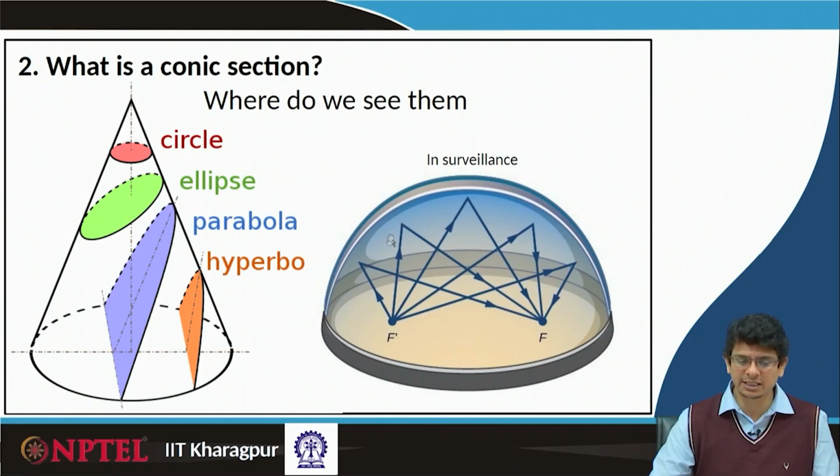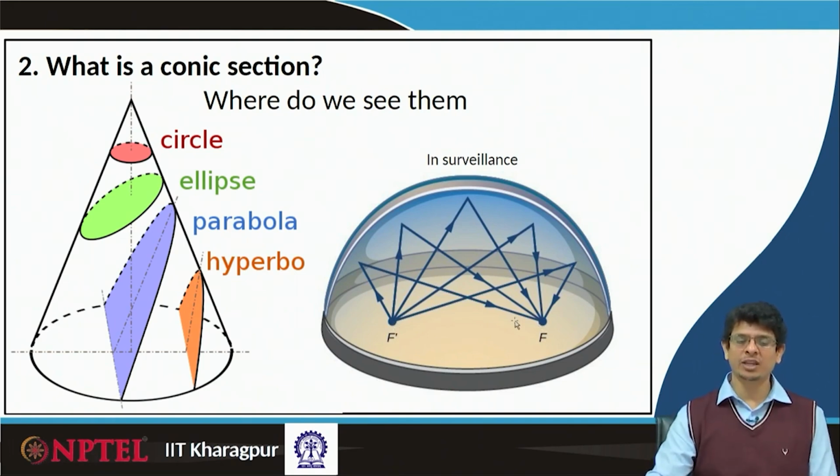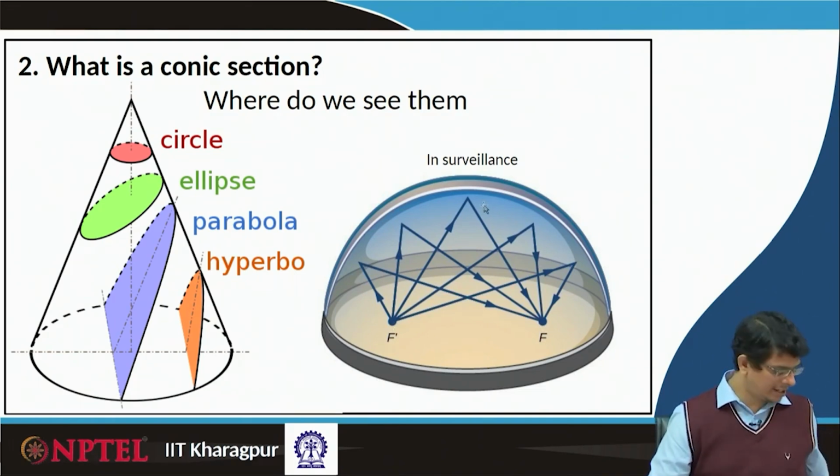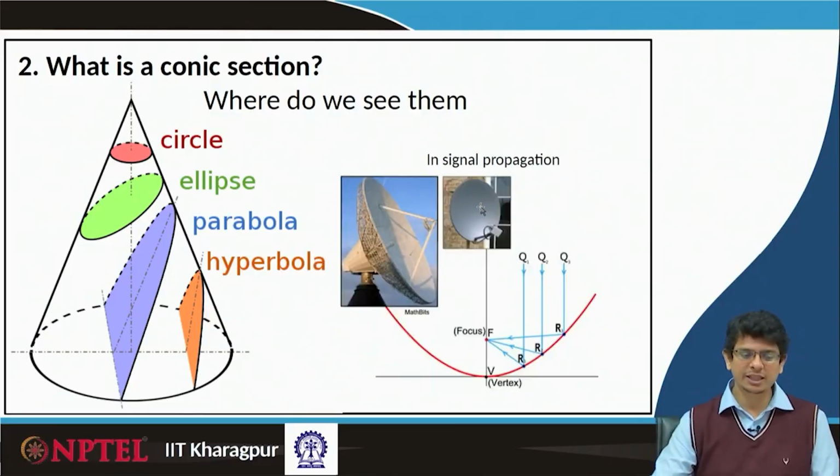All these rays, internally reflected, finally converge at these points. Or if we have light sources at two locations, they will be emanating in radial directions, but all these rays, internally reflected, finally focus at points F and F prime. For surveillance cameras also we require these elliptical kinds of sections.